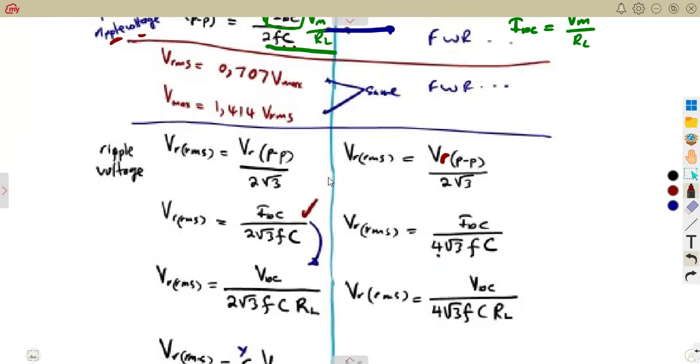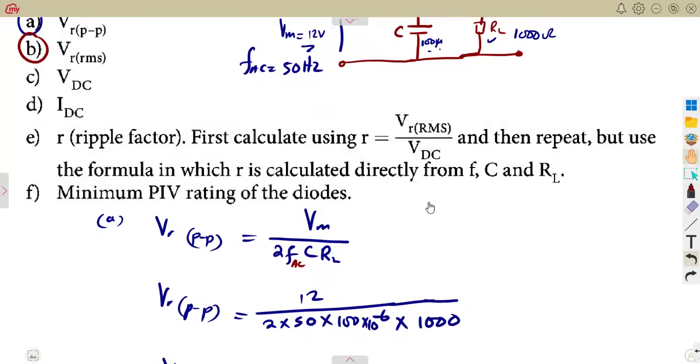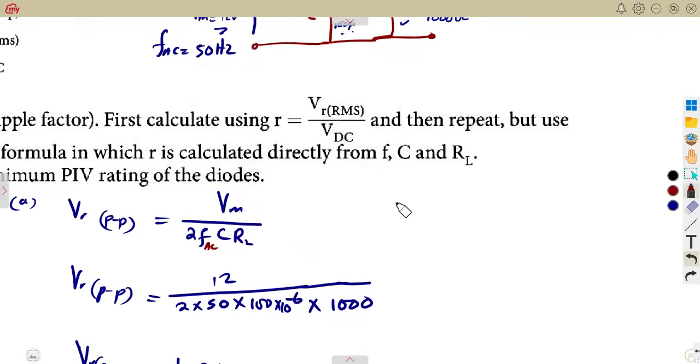This is both for a half wave or for a full wave. You take the value that you obtained for the peak-to-peak ripple voltage and divide by 2 square root of 3, as we had from our N4. Nothing has changed there. Okay, so that's our B. So in this case, we are going to have our ripple RMS voltage.